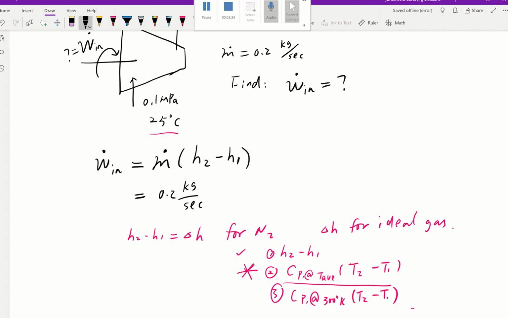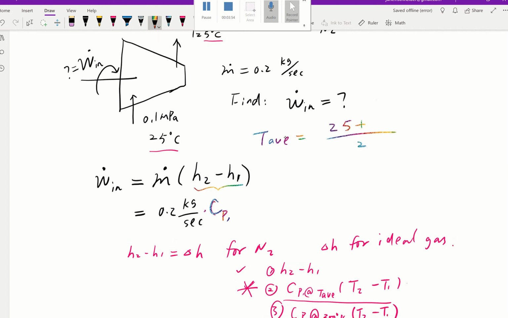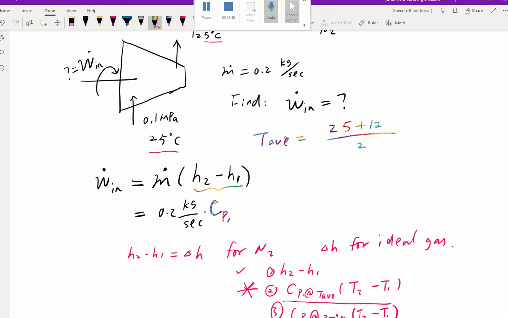Knowing that, we can go back to our H2 minus H1. We're going to use CP at our average temperature. Our average temperature will be half of 25 degrees plus 125 degrees, which gives us 75 degrees Celsius.